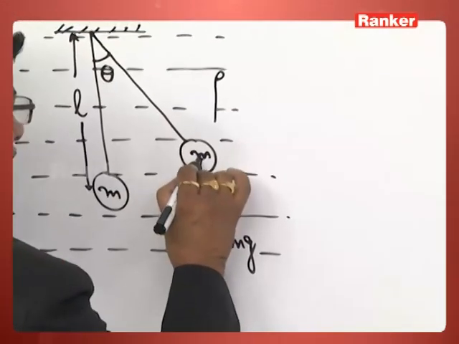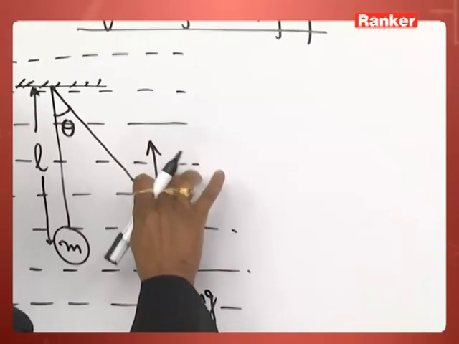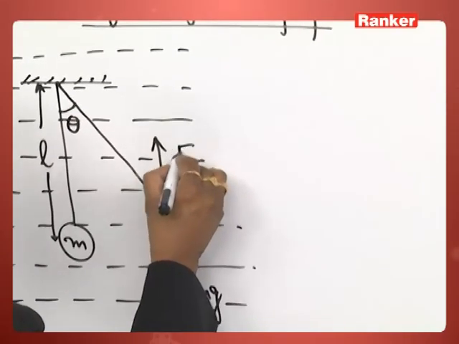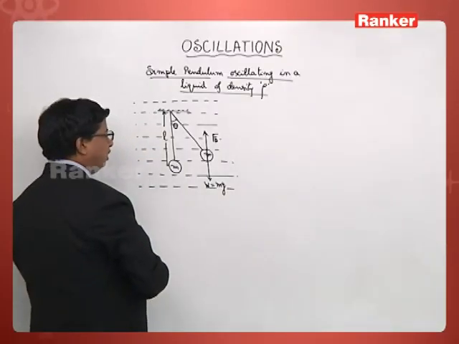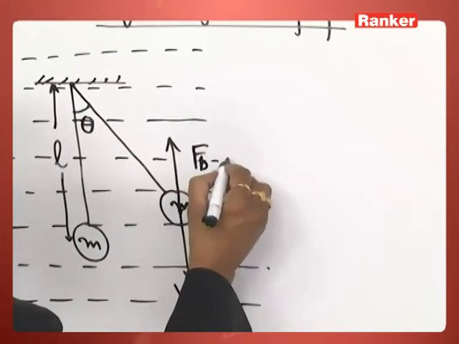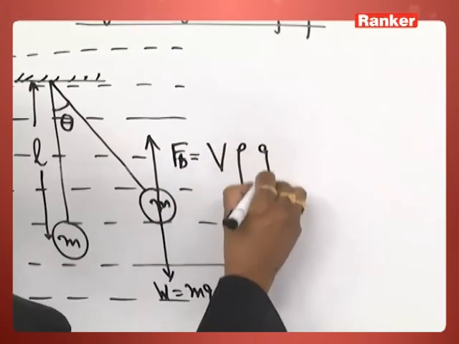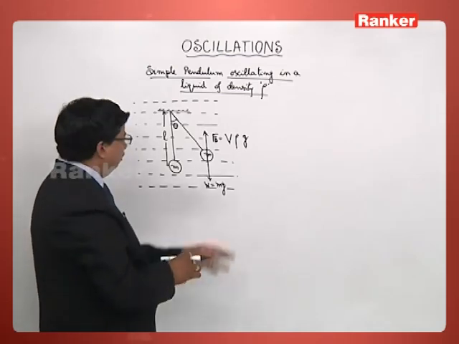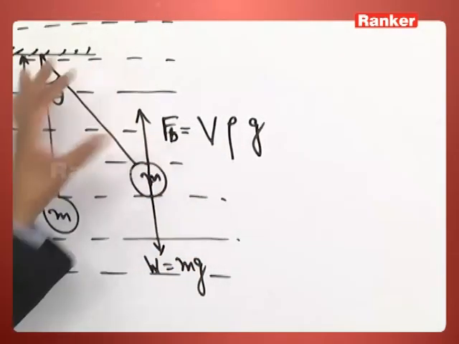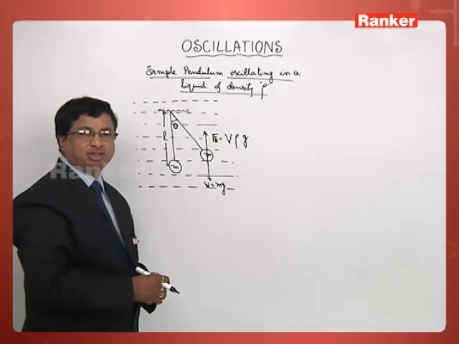Due to the density of this liquid, there will be a buoyant force that is going to act on it. That's called buoyant force. What is that buoyant force over here? That can be written as V rho g. V for volume and rho the density of that liquid, and g is acceleration due to gravity.